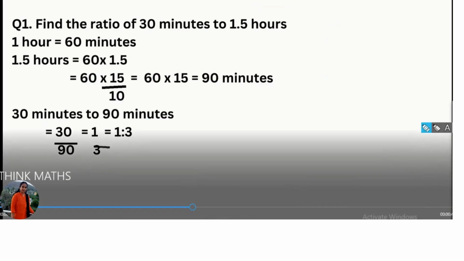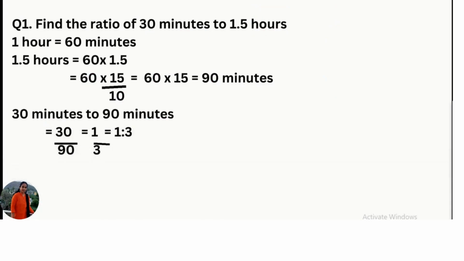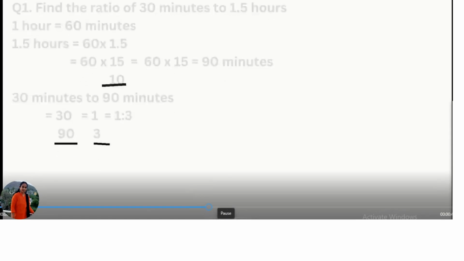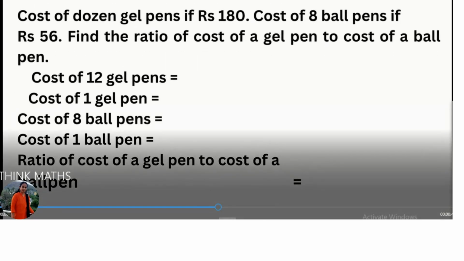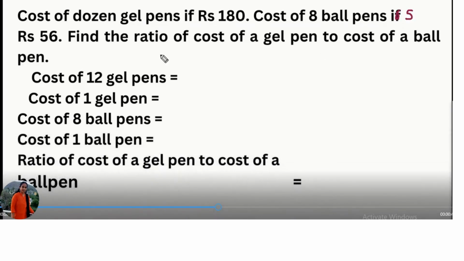The next topic. Cost of a dozen gel pens is rupees 180 and the cost of 8 ball pens is rupees 56.